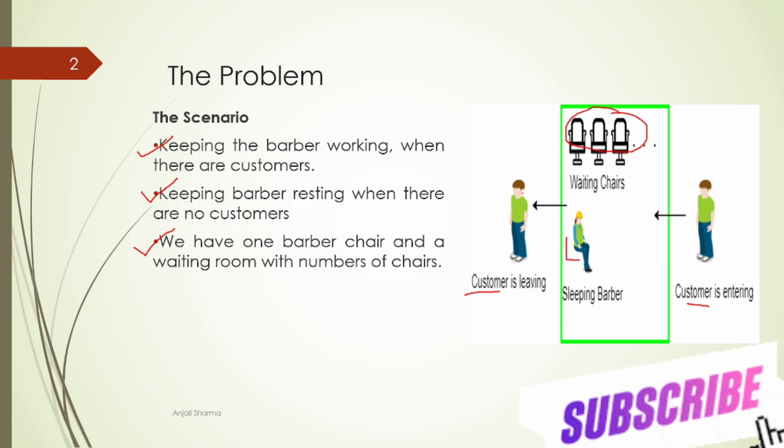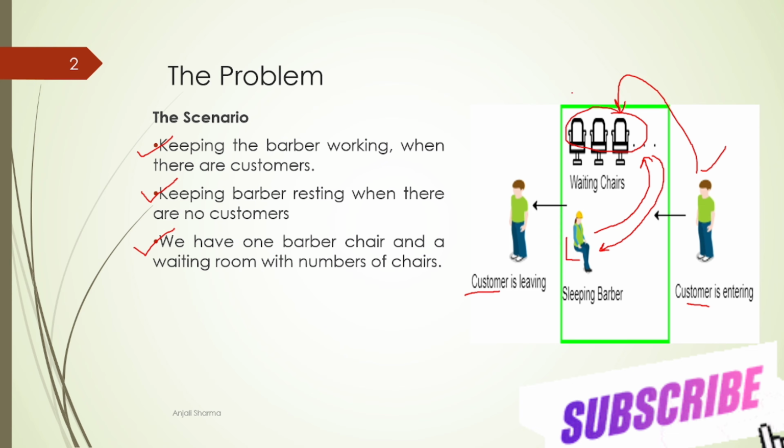As soon as there is a customer in the shop, that customer will go and sit on one of the waiting chairs. The barber will go to the waiting room and see if there is any customer. If he finds one, he will fetch that customer to his chair and then cut the hair. So that is the process.